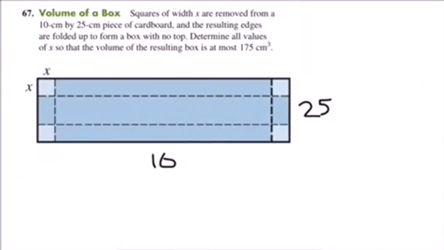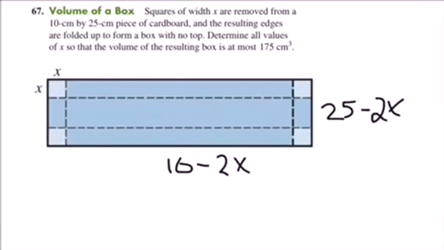Question number 67. So we know that the length is 10 centimeters, the width is 25 centimeters, and the edges, which are going to be folded up, are x, which is going to be the height. Since we are trying to find the length without the edges, since the edges are going to be cut off or folded, we're going to set 10 minus 2x.